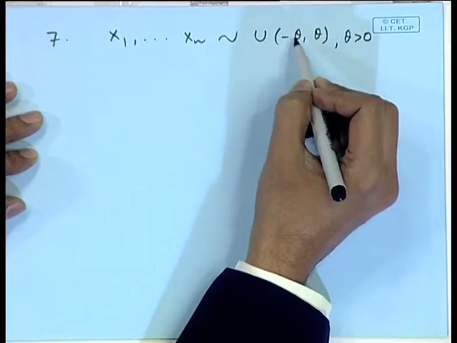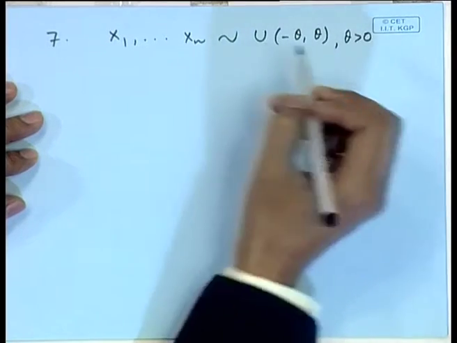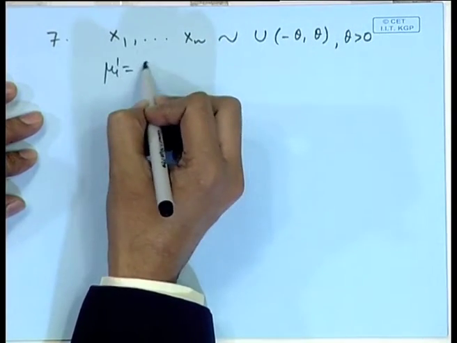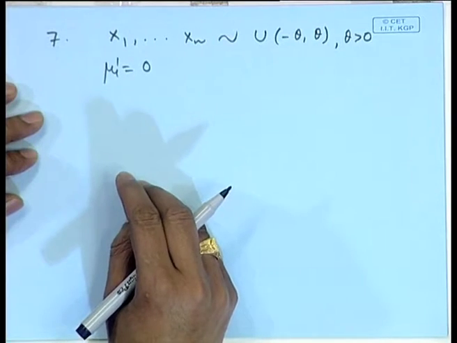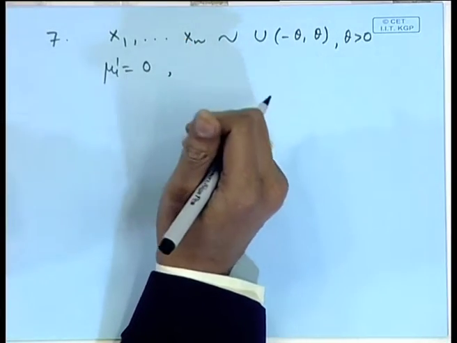So, here the problem is to estimate theta. If I consider the first moment, actually it is 0. So, this does not give us any information about how to estimate theta. So, now if we go strictly by the rule of the method of moments estimation, then this is not an estimable function.